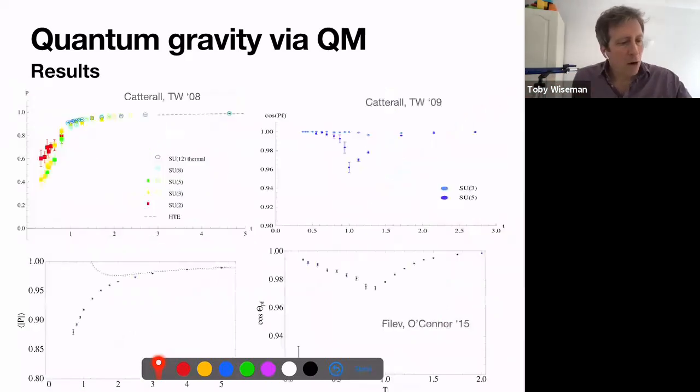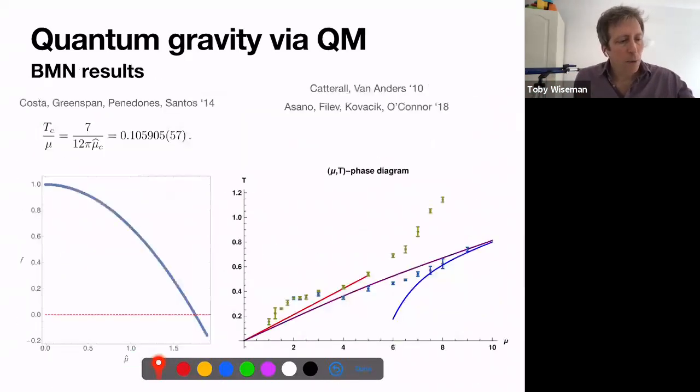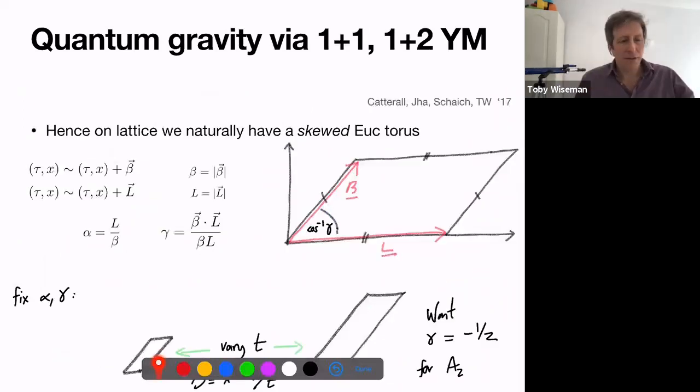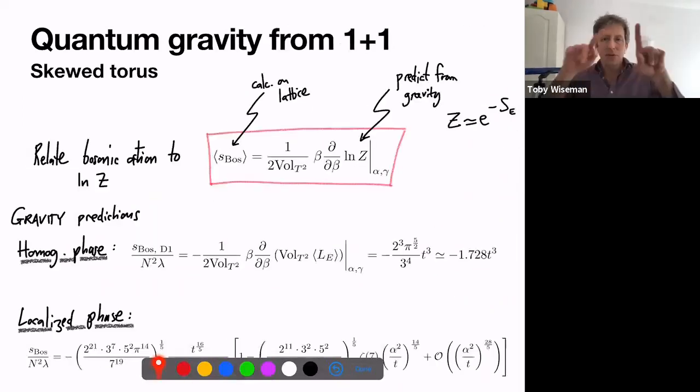So in our 1 + 1, 1 + 2 work, we were working with maybe 16 cubed lattices. And if you've only got 16 points in each direction, you haven't got many choices of interval to think about. But it may be possible to do some calculation.